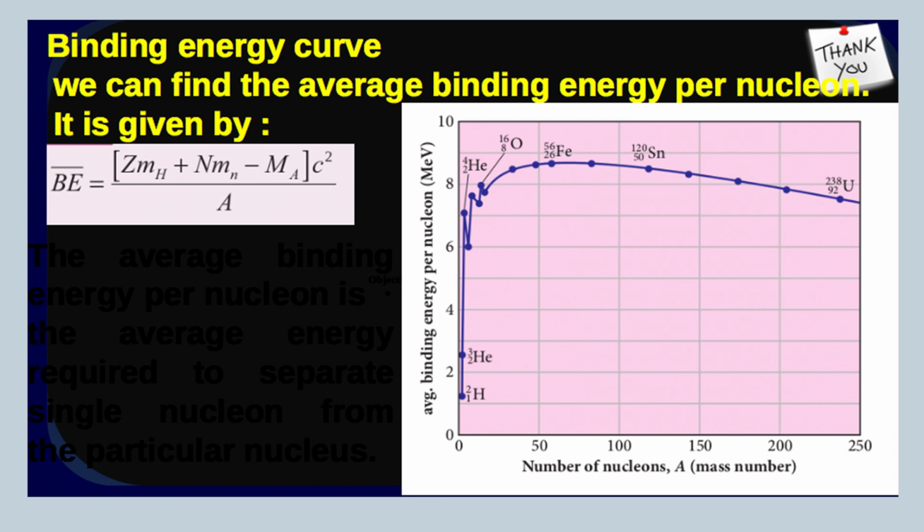When we move to the right or left of that iron element, the binding energy decreases, meaning its stability decreases. So on the lower side, hydrogen and helium are less stable elements, and on the right-hand side, at higher values of atomic number, uranium and other elements are unstable.